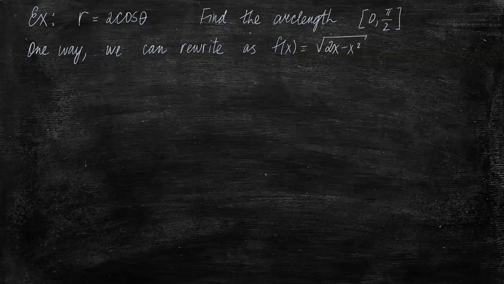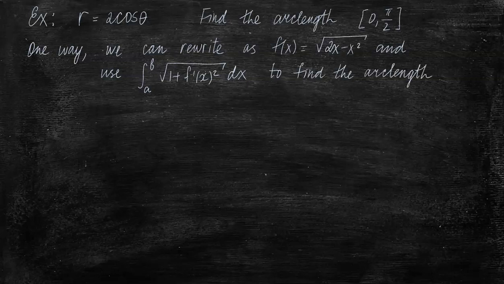You can just use Desmos and plot both of them, and we can use the following formula: integral from a to b of the square root of 1 plus f prime of x squared dx, and that will find the arc length.